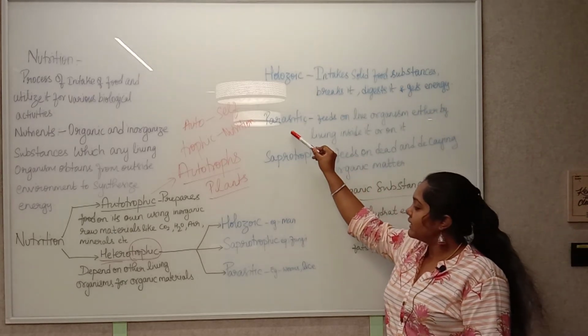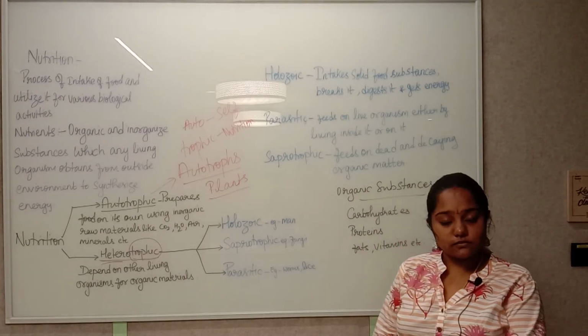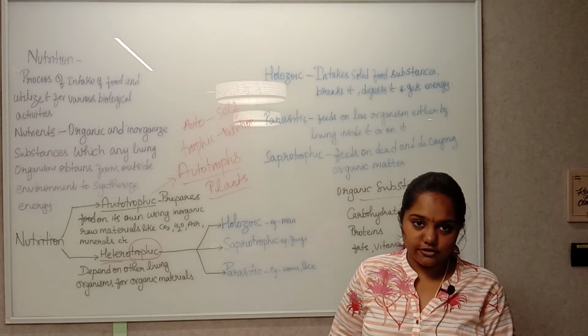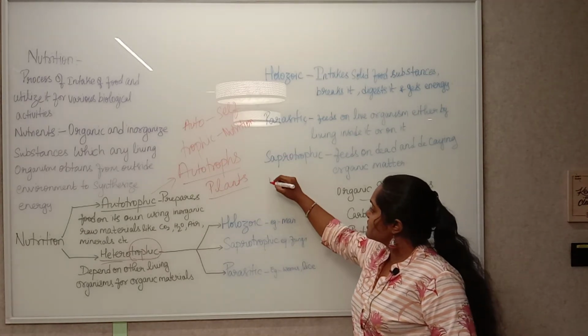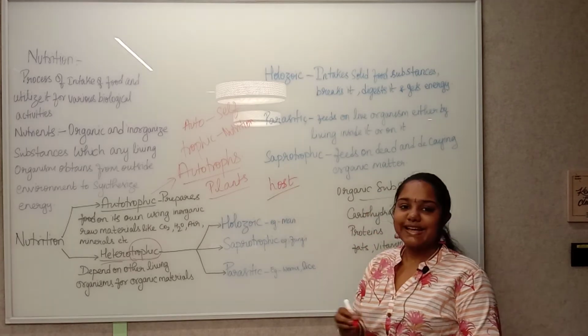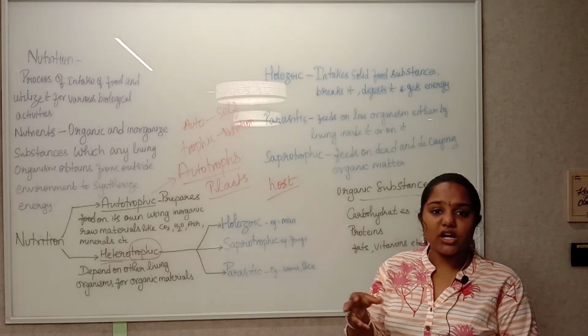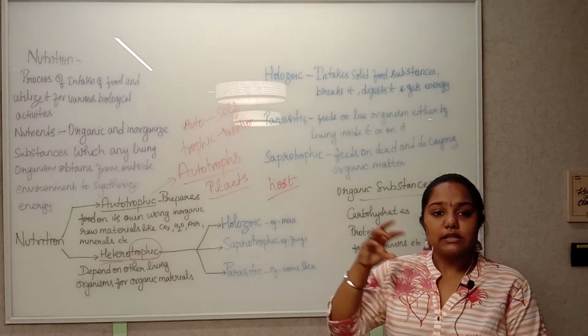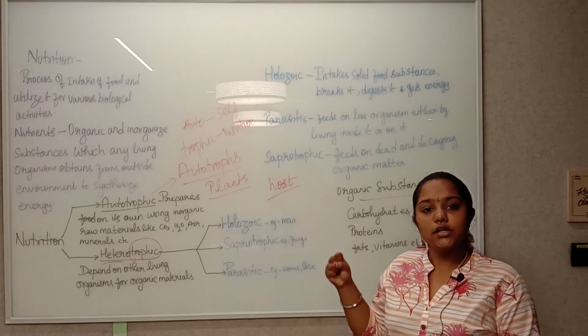The second one is parasitic. Most of us are very much aware of the parasitic mode of nutrition. Here you have another term associated with it called host. Host is an organism on which or inside which the parasite will be feeding on the nutrition.